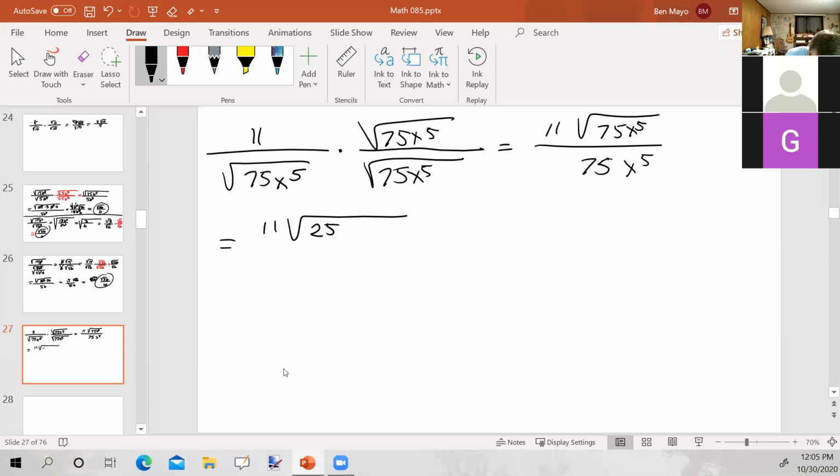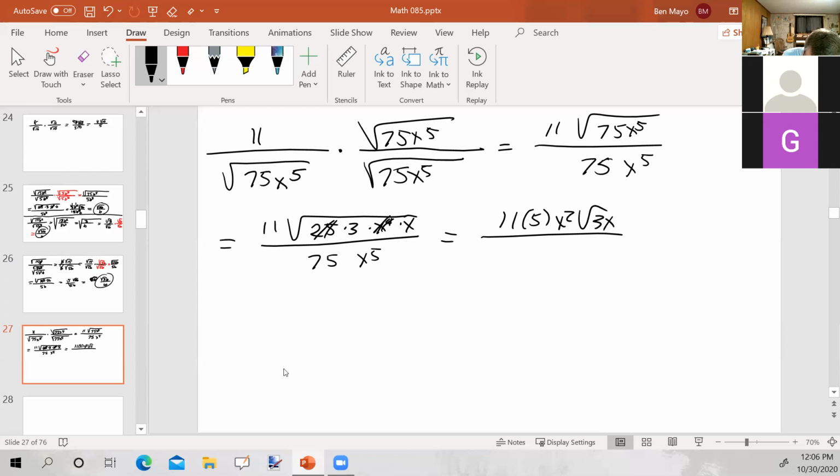That's going to be 25 times 3 times x to the 4th times x, all inside. Do you see why I broke it down into squares, fourth powers, leftovers? Yes. Okay. So that's going to be 11 times the square root of 25, which is 5, square root of x to the fourth, which is x squared, and then the square root of 3x over 75 x to the fifth.